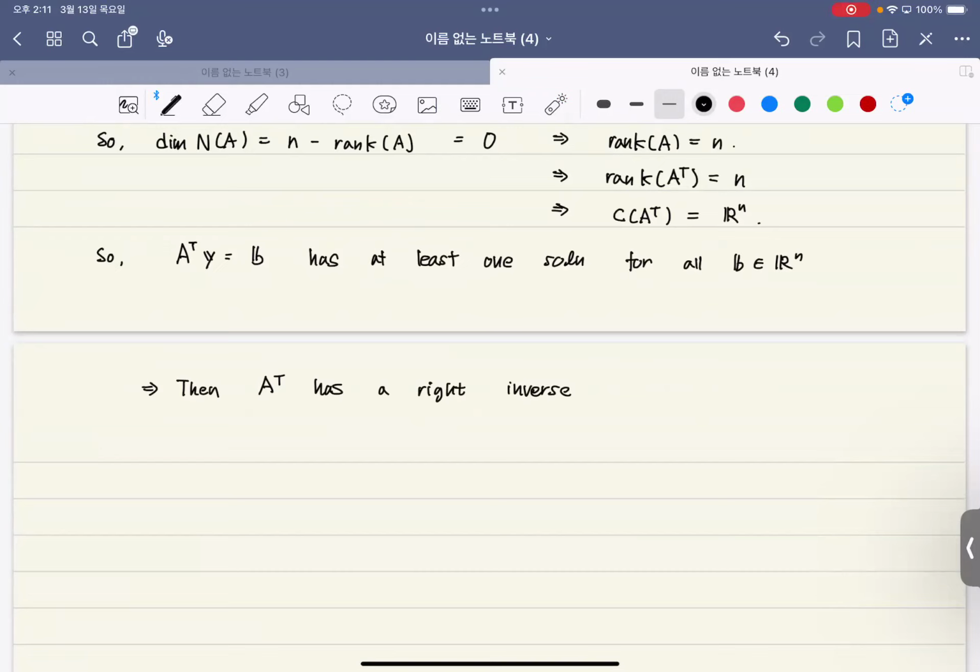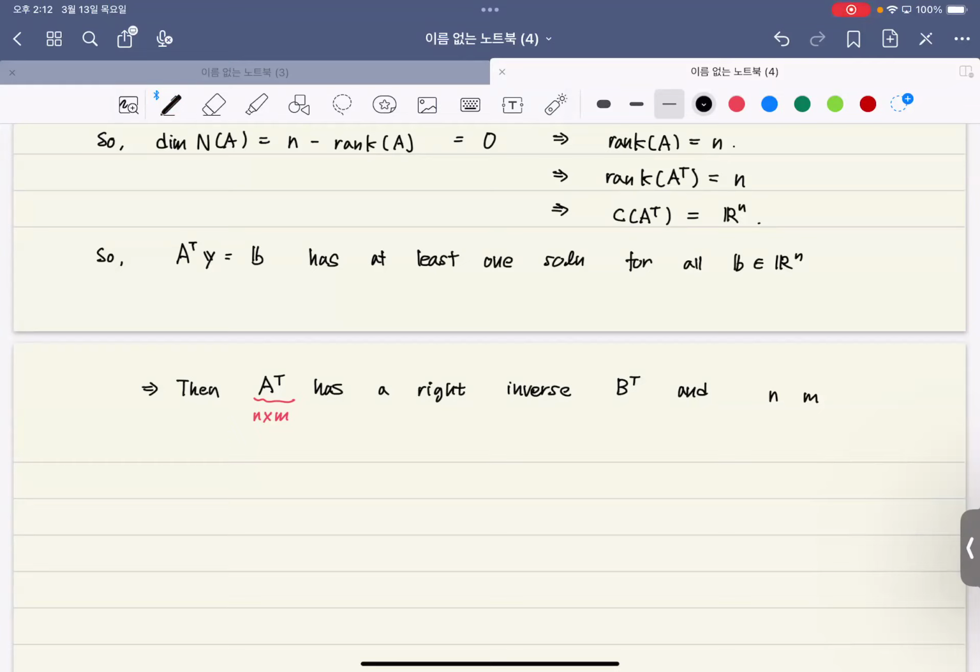Say, I'm going to say this is B transpose. And hey, what was the dimension of this? So this is an n by n matrix. So in this case, which one is greater?